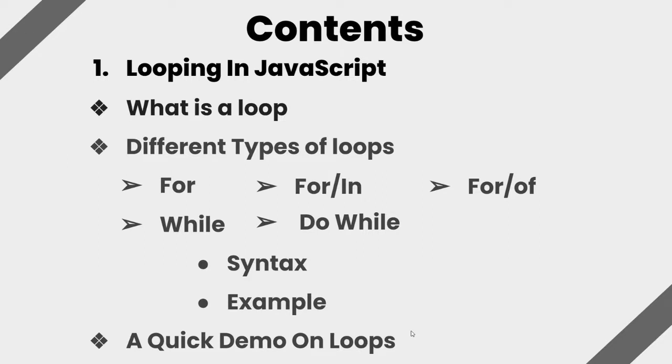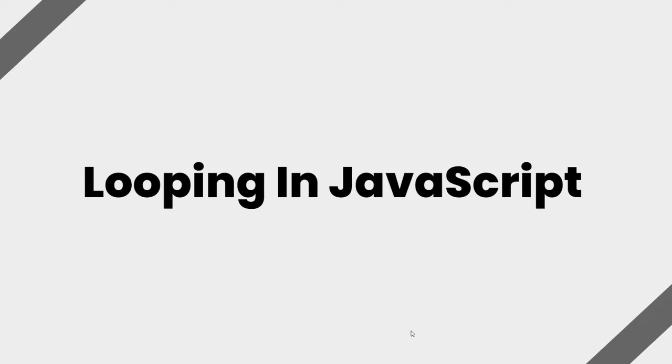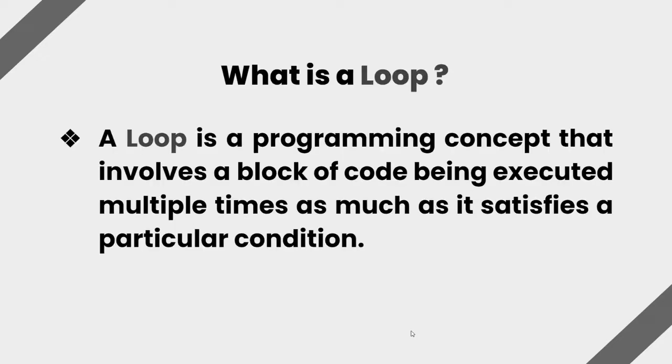So without wasting time, let's begin with the only section we have for today's class, which is looping in JavaScript. What is a loop? Loop is a programming concept that involves a block of code being executed multiple times as much as it satisfies a particular condition.